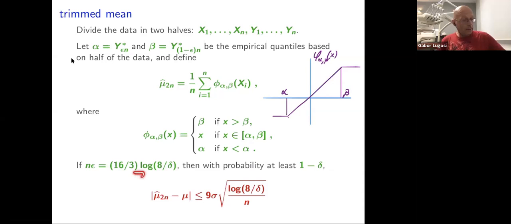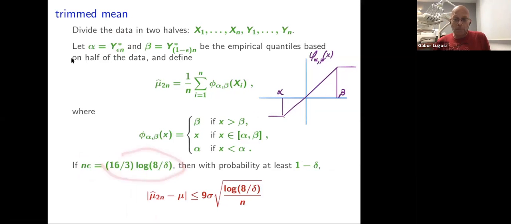Here's the performance, again very similar to the previous one. It's a sub-Gaussian performance. If n epsilon, the number of points that are squished on the left and on the right, is log 1 over delta, then this estimator has a sub-Gaussian error, exactly the same kind as before.